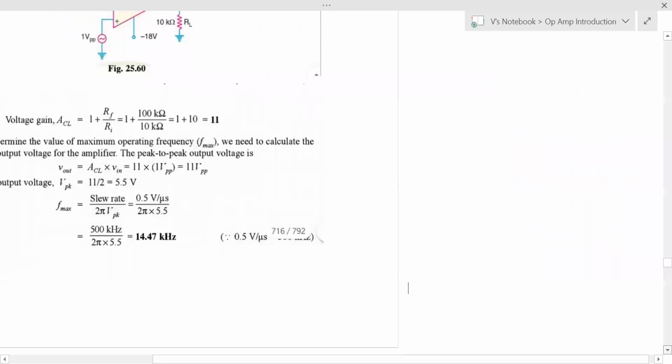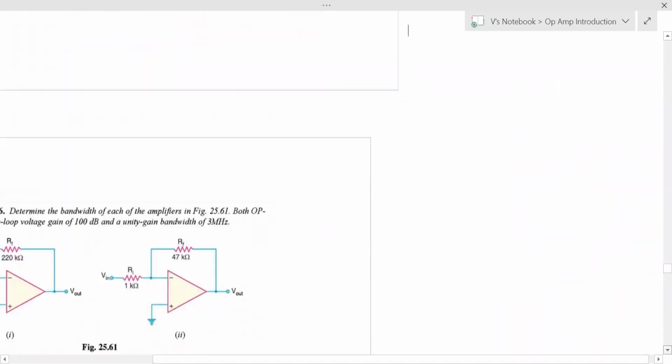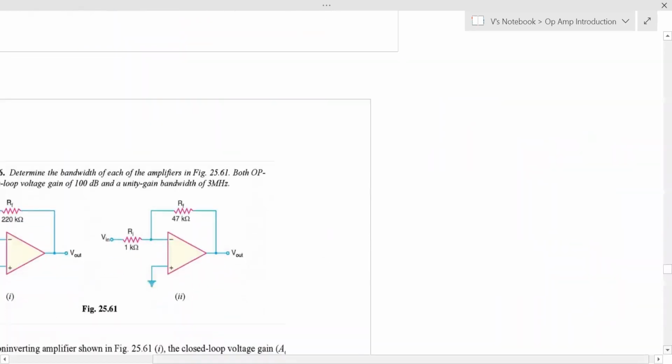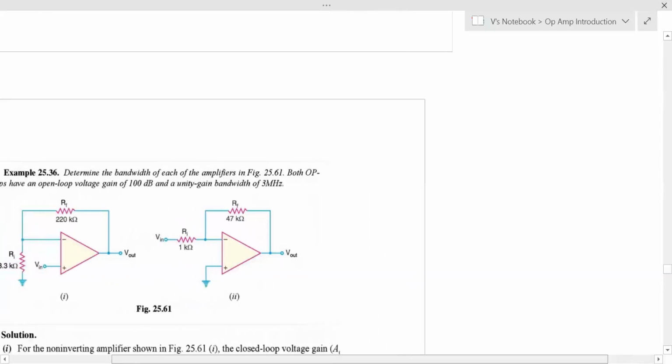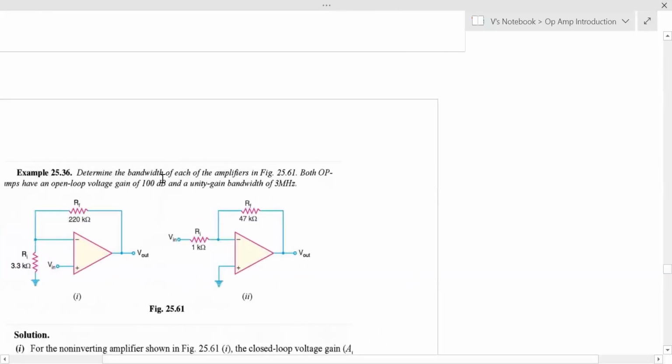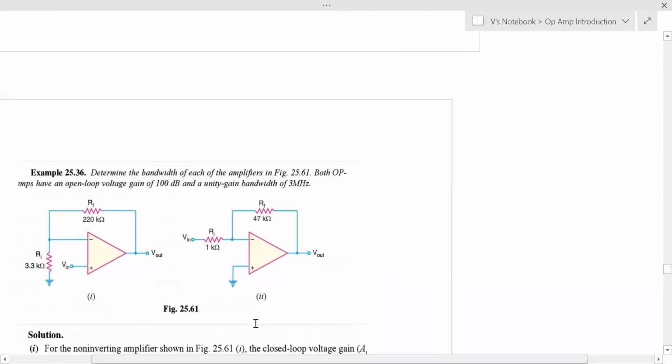Let us see one more example is there. Yes. Determine the bandwidth. We have also solved some problems on bandwidth, right? There we need gain. Gain bandwidth product के formula GBW. क्या formula है?